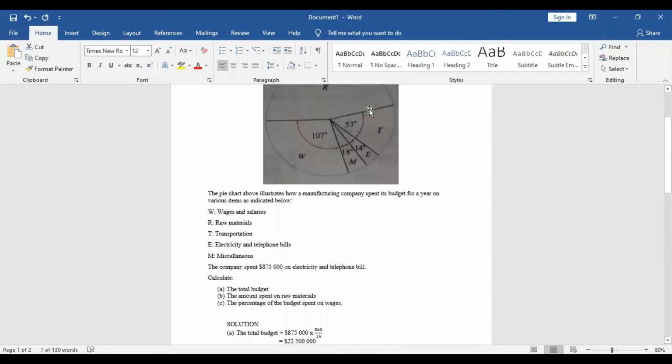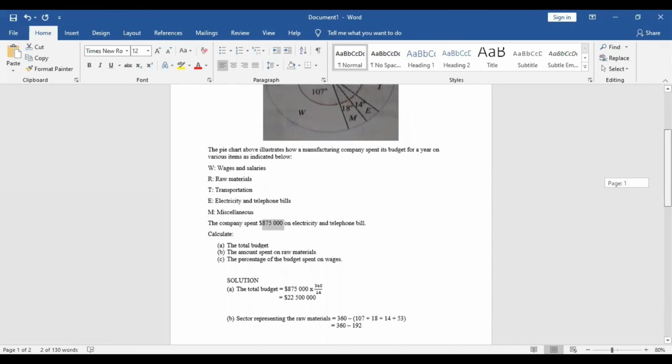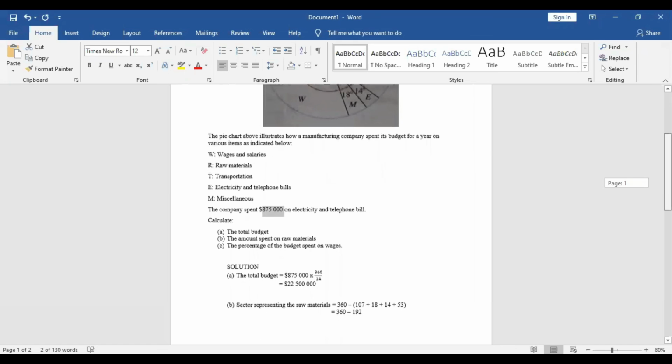If you look at the diagram, it says electricity and telephone bill is 14 degrees, and that's the only part that we know is 875,000. So we already know the degree, so we are doing the opposite. We don't want the degree, we want to know the total amount. So that's why instead of putting 14 upon 360, we upturn it. Oh, okay, Miss. Thank you. You're welcome. Good question. So are we clear so far?